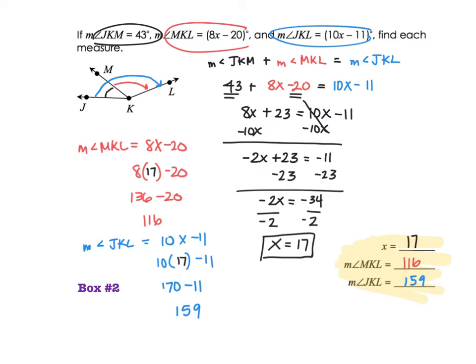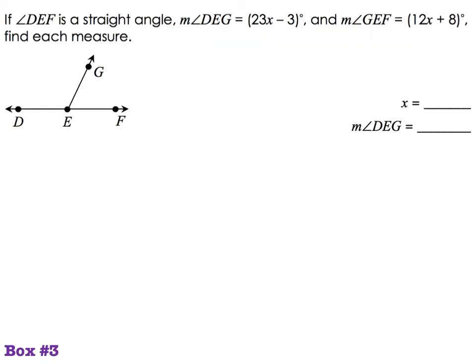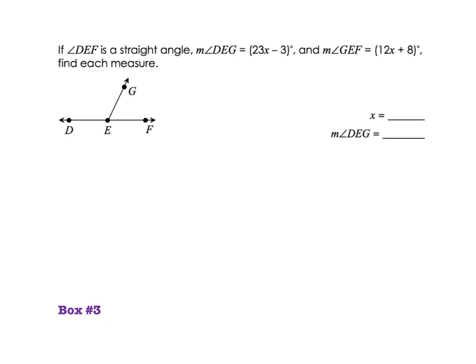Okay, let's go on to box number 3. Again, ladies and gentlemen, I am going fast on the video, but you do have the power to pause. It says if measurement of angle DEF, that means the whole thing, is a straight angle. Hopefully you remember what a straight angle equals.